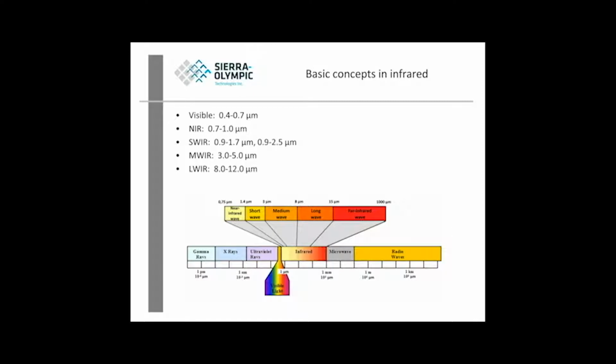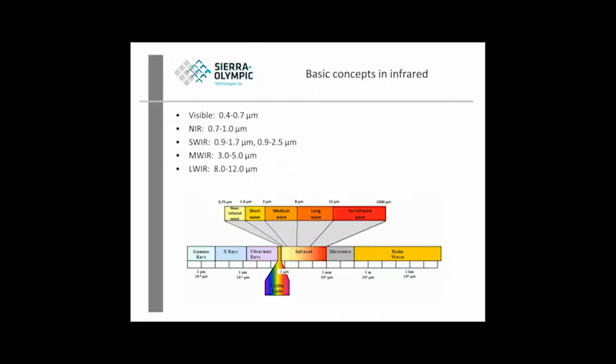I don't know anything about the audience, so I can be very basic or very complex, but I'm going to try to cover a few very fundamental concepts and define mostly my thinking of basic concepts. So let's talk about infrared.